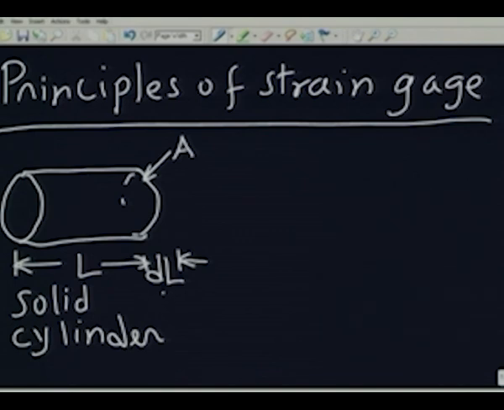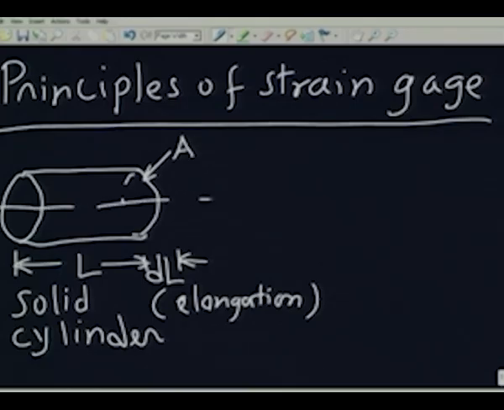This is the elongation. So, elongation is dl due to the action of a stress or force in the axial direction. This is the axial direction.